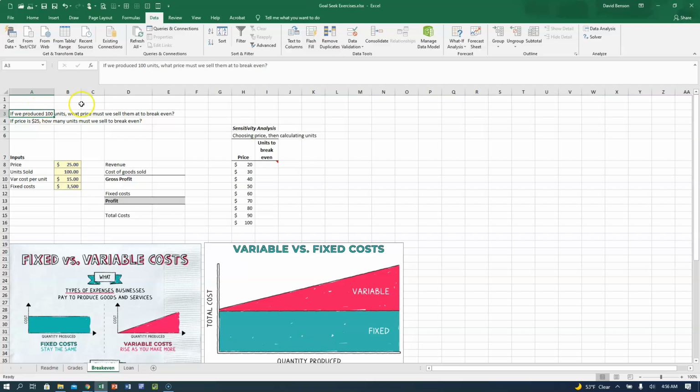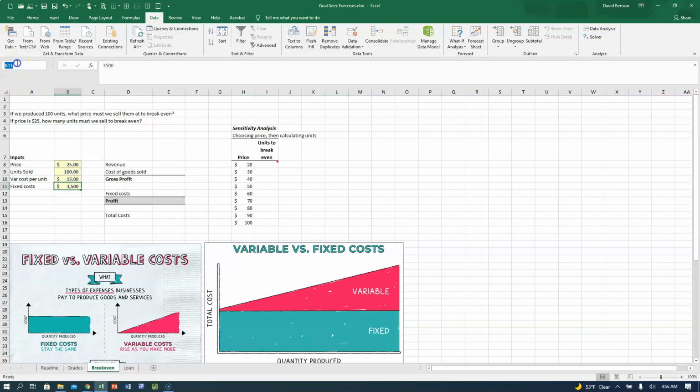Okay. Now, to make this easier for ourselves, I'm actually going to name all 4 of these cells as ranges. So this price one I'm going to call sales price. Okay. Units sold, so this is my quantity. I'm going to call it units sold. My variable cost per unit, I'm going to just call var_costs.